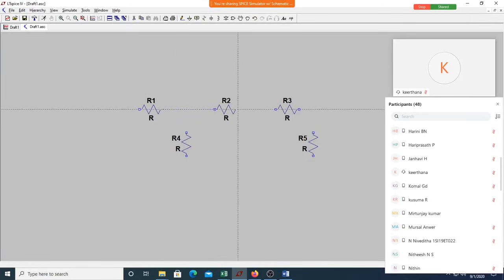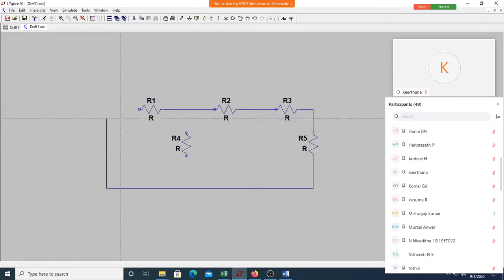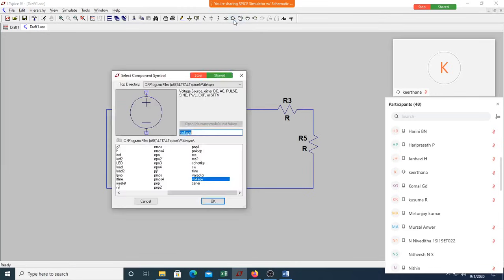Once you get used to drawing the circuit diagram, you will find it very easy. Using this circuit, let us try to verify Ohm's law, Kirchhoff voltage law, and Kirchhoff current law. That will give you some confidence. All those laws can also be verified in LT Spice.